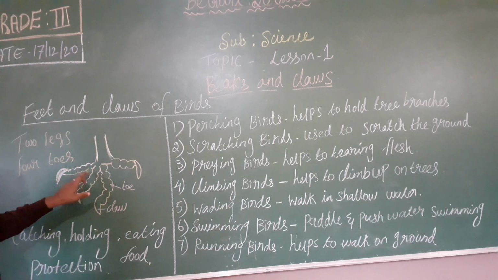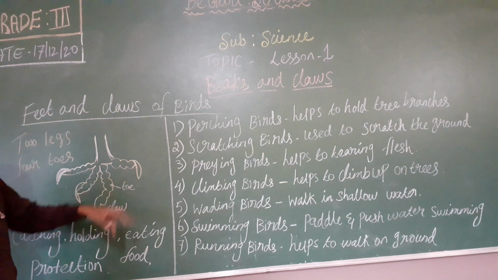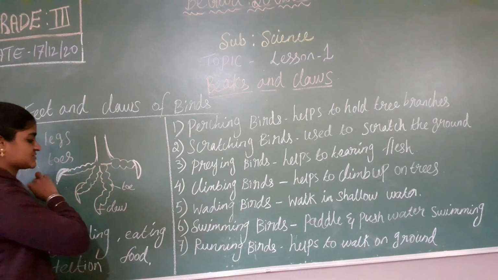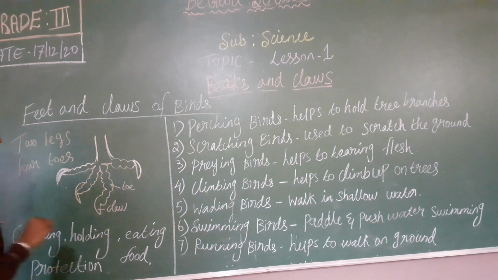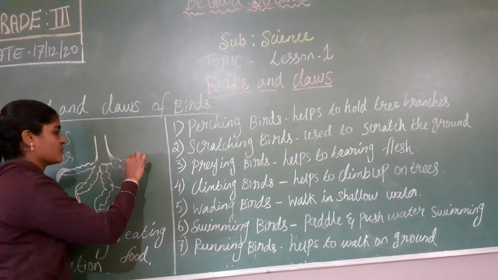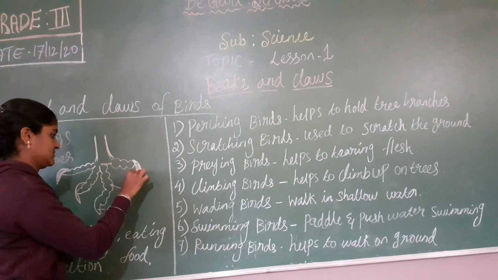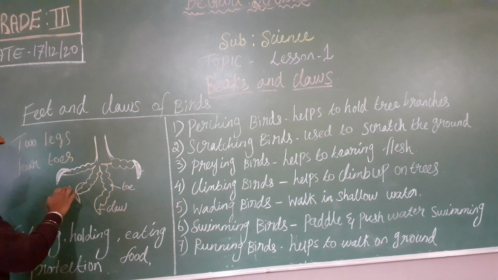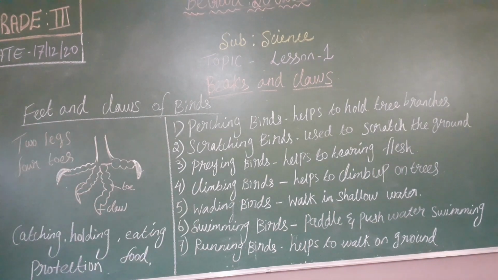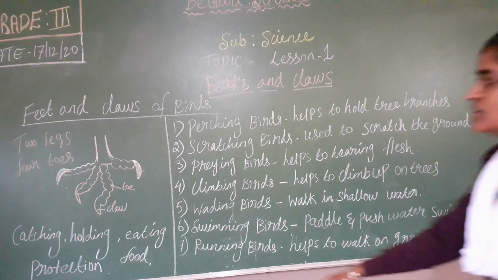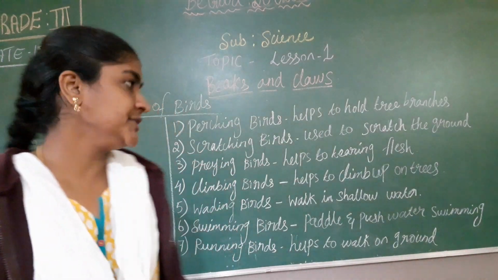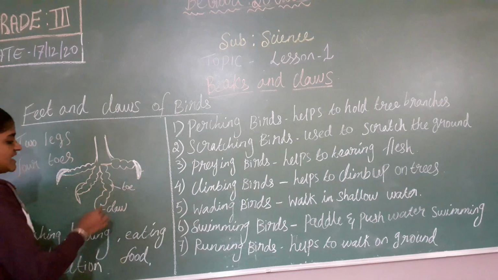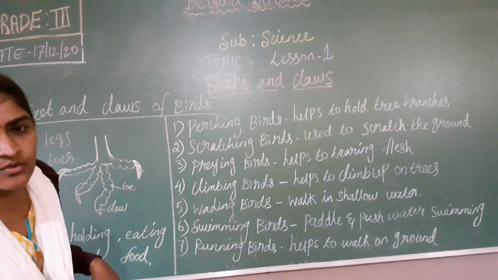This is called the toes. Next to the toes, the nail that is attached is called a claw. It is one of the nail parts. Here we can see overall 3-4 toes. There are 3 toes, and next to the toes the nail gets attached. It is called a claw.